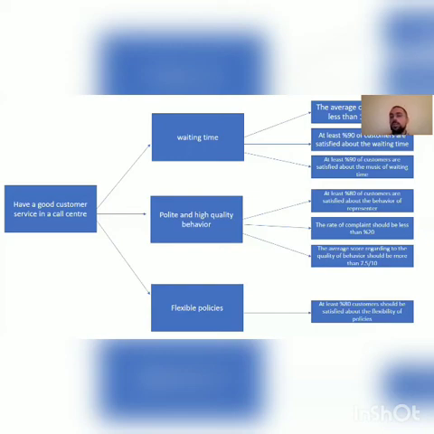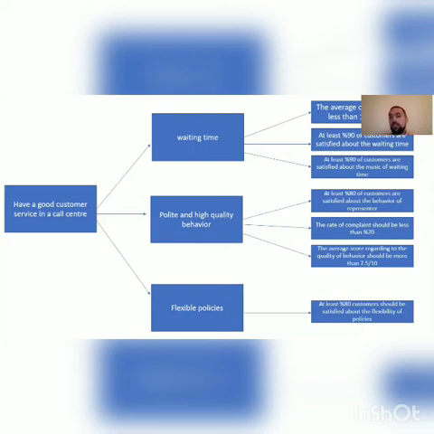About polite and high quality behavior, if 80% of the customers are satisfied about the behavior of the agent, and the rate of complaints is less than 20%, and also the average behavior score is 7.5 or 8 out of 10. If we achieve this, it means that we have an acceptable second driver, which is related to polite and high quality behavior.